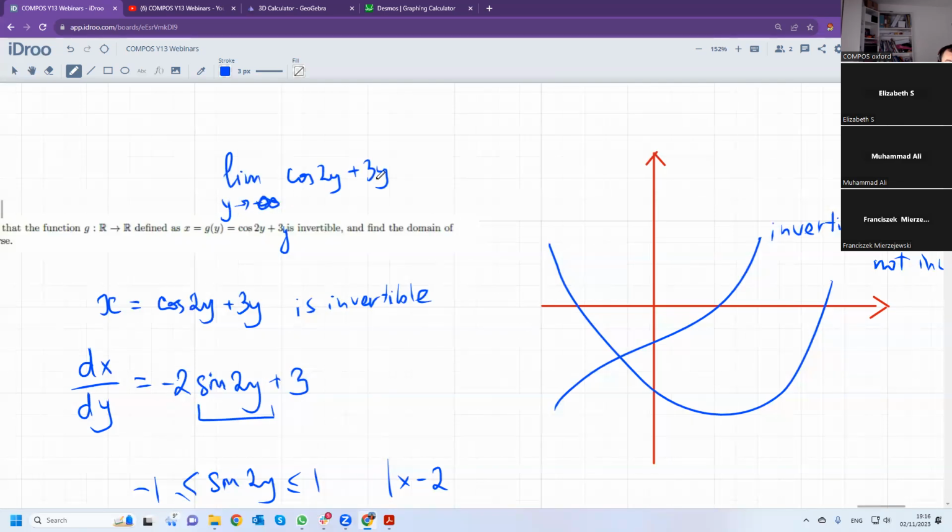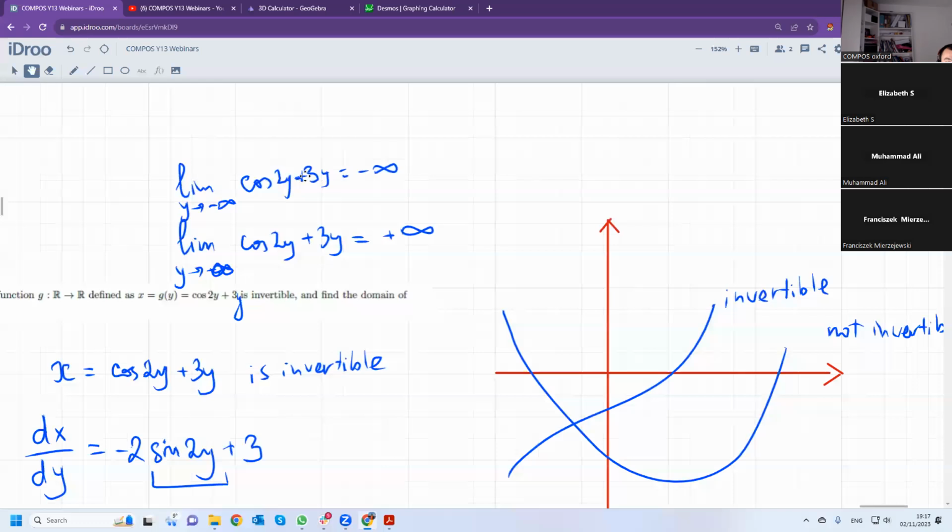Well, we can obviously see that it is plus infinity, because cos 2y is only between -1 and 1, and 3y is infinite. So we have a number between -1 and 1 plus infinity, which is infinity. And the limit as y tends to minus infinity of cos 2y plus 3y is going to be minus infinity, because as y becomes really small, and this is a bounded term between -1 and 1, you can say that's minus infinity.